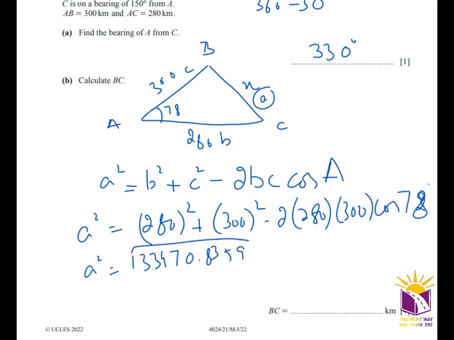Taking square root on both sides, the answer will be equal to 365.34 kilometer.